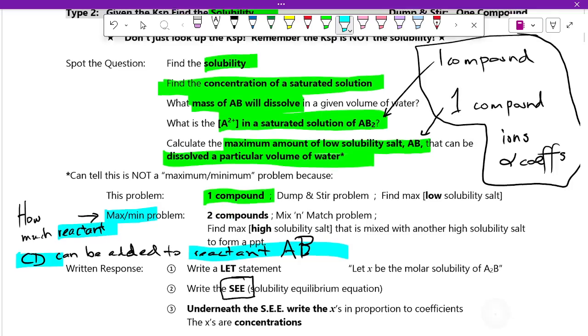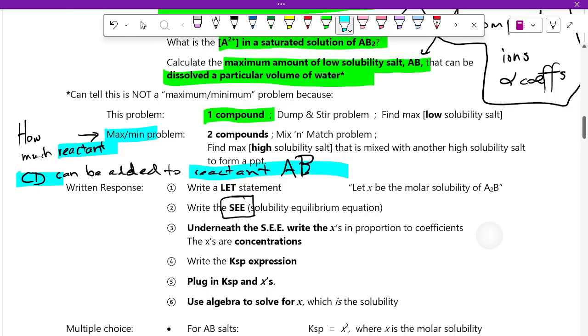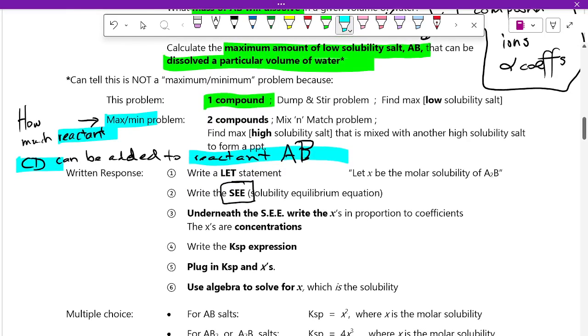For this one, again, because it is a dump and stir, you're going to say I got AB2 in equilibrium with A 2 plus 2B minus.